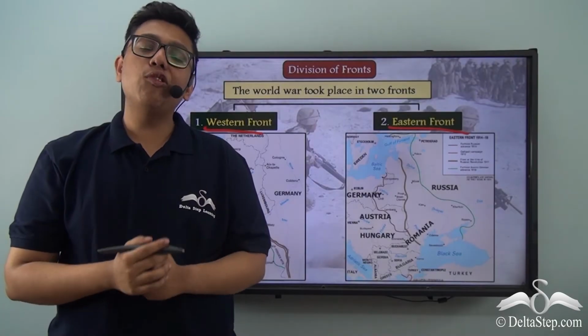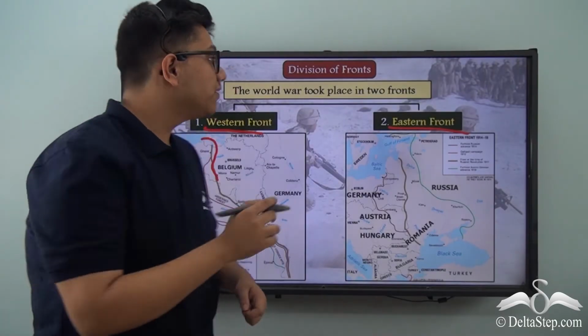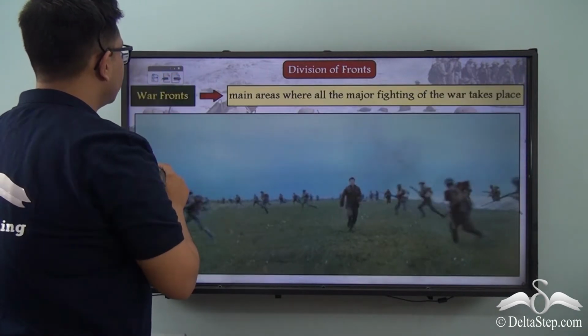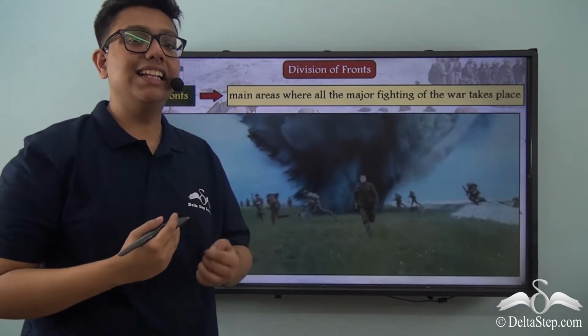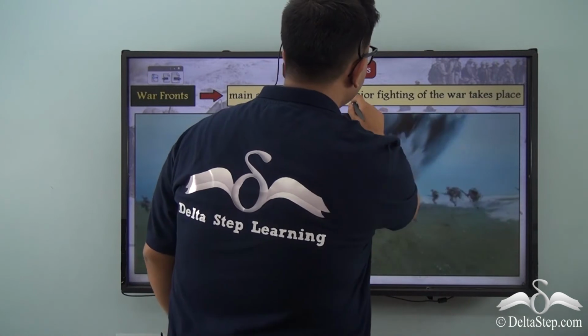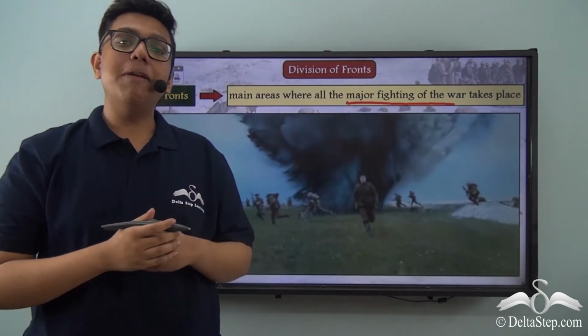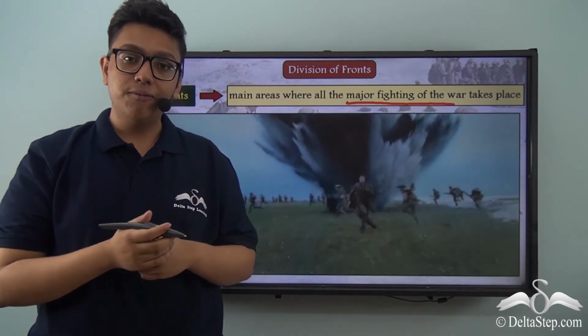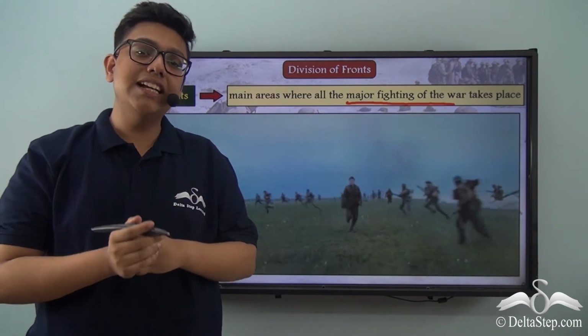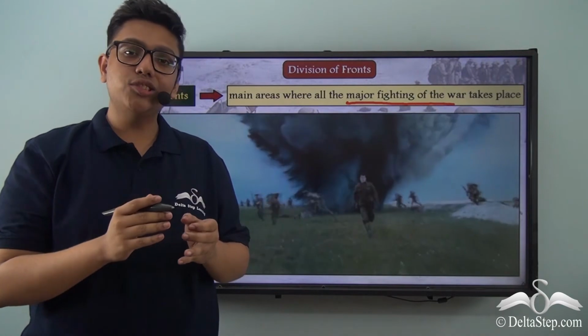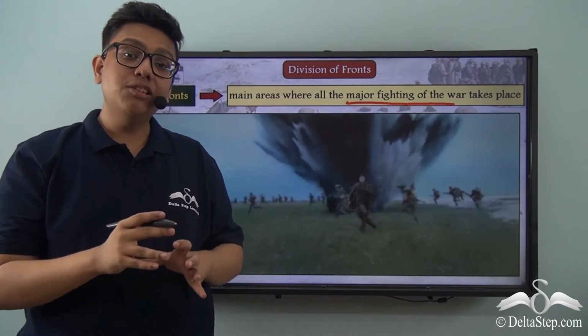Now, do you want to know what a war front is? War fronts are basically the main areas where all the major fighting of the war takes place. Even though many countries were involved in the war, the fighting does not go to each and every country. The fighting is often restricted to a particular region.